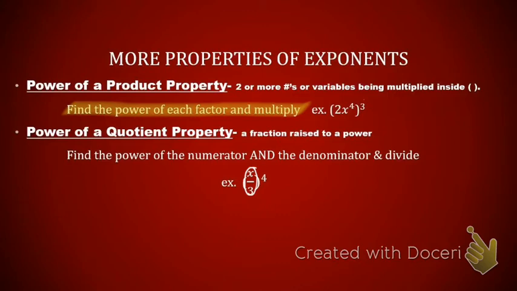Any number, any variable without a visible exponent has an understood 1 with it. So you are going to do 3 times 1, and you are going to do 3 times 4. This is the power of a product. You apply the exponent on the outside to all of the exponents on the inside. If you go to the power of a quotient rule, it says find the power of the numerator and the denominator and then divide.